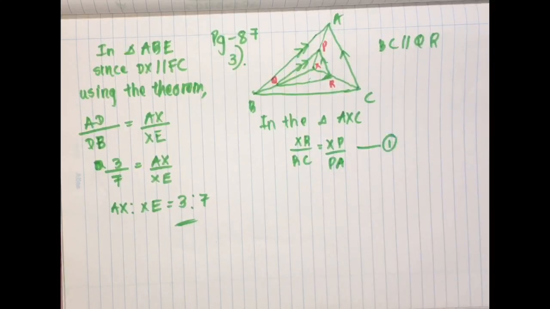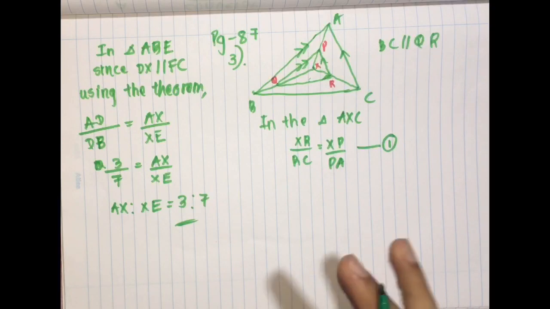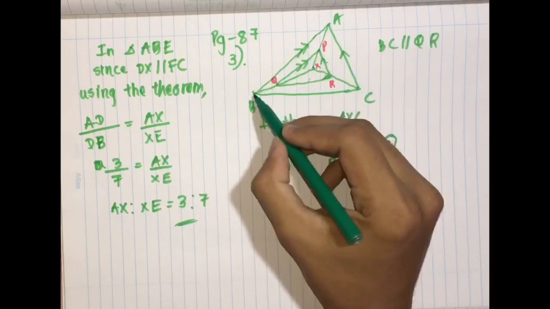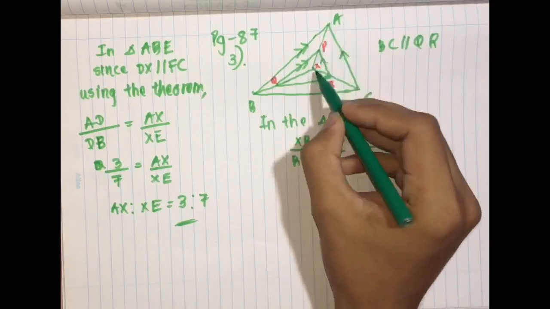Now what other data can I use? You can see that there is one more parallel line in the diagram, in triangle AXB.